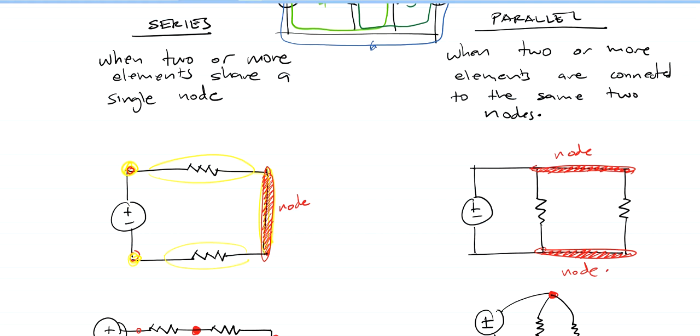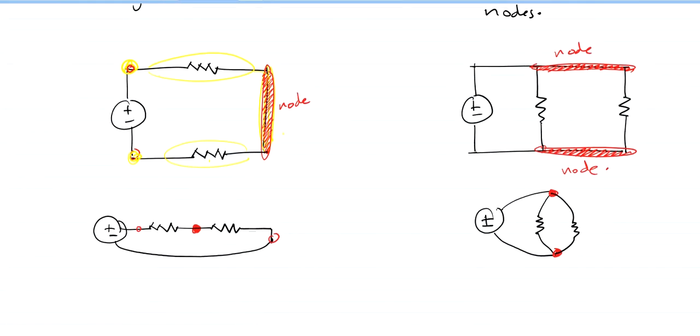So only a single node is shared, then that's what we call a series circuit. So this resistor is in series with this resistor, and in series with this voltage source. We can also redraw it. Just take note that when we redraw, we're not actually changing the connections. So this is still in series. The connection point between these two resistors is this point right here.